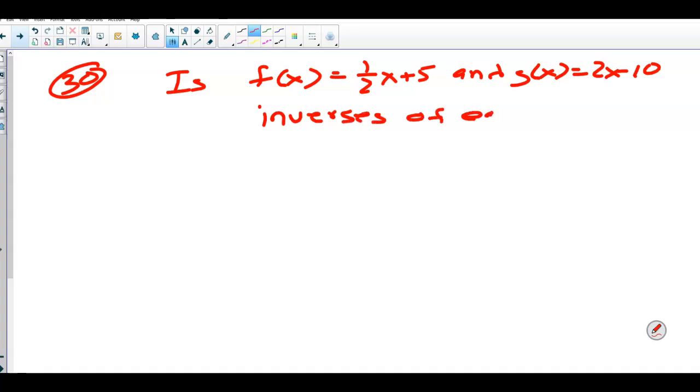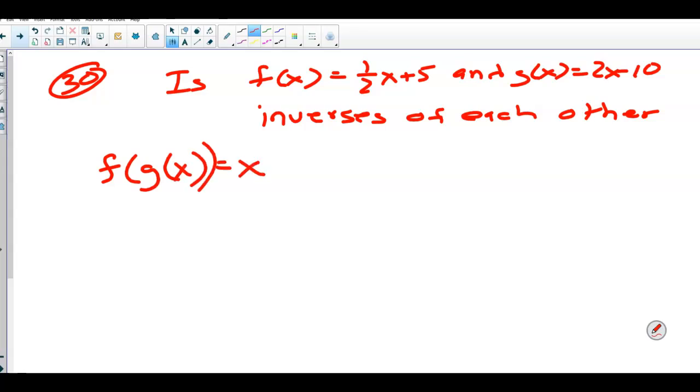And if they are, f of g of x should equal x then. And g of f of x should also equal x. So let's see if that happens.